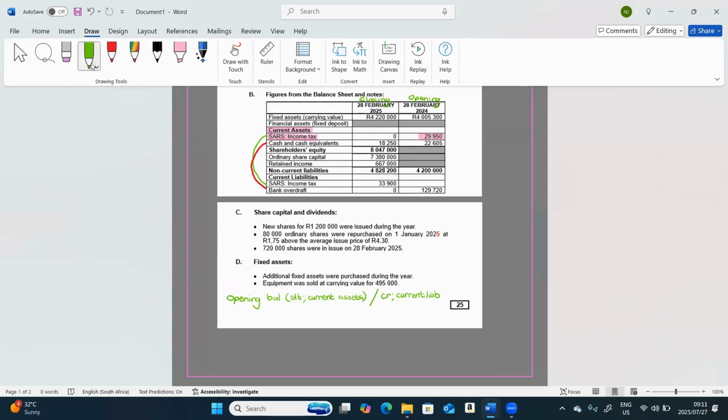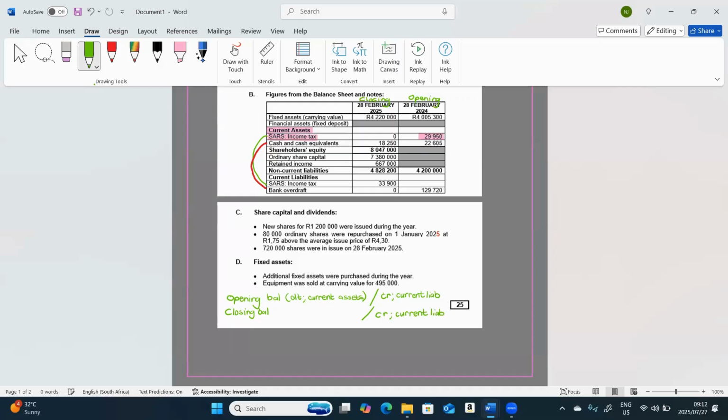Then your closing balance, let's just do your closing balance. Guys, your closing balance will be deducted if it's the opposite of your opening balance. So when it is a credit, or when it's under current liabilities, we will have to subtract it.